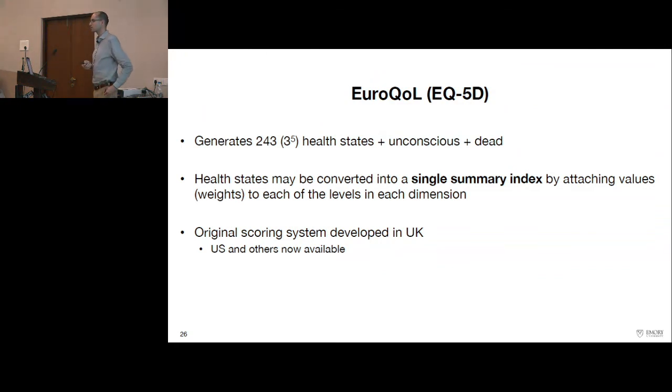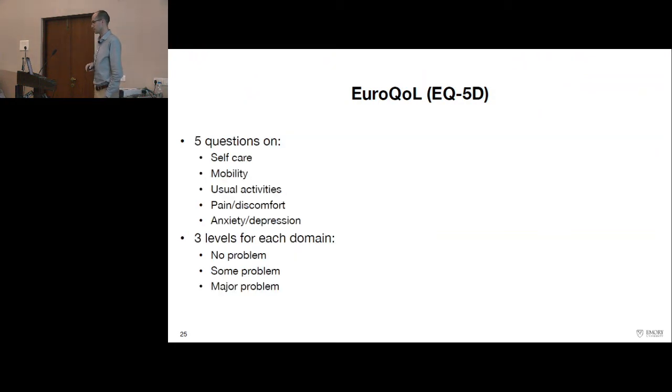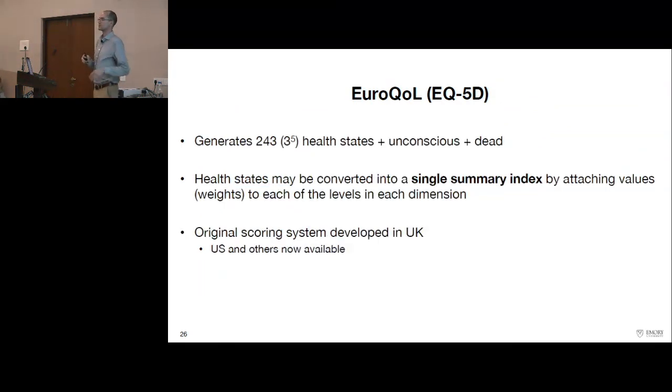There are essentially 243 combinations, like 3 to the 5th power, because we have three levels of answers and 5 questions. So there are 243 different combinations of a health state.